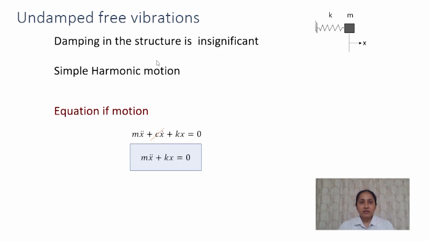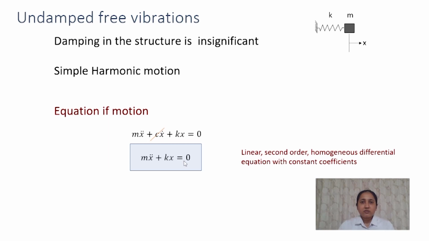So the equation of motion for these types of structures will be mx double dot plus kx is equal to 0. And if you remember your differential equations, this is a linear second order homogeneous differential equation with constant coefficients. Homogeneous because there is no force acting on this system.